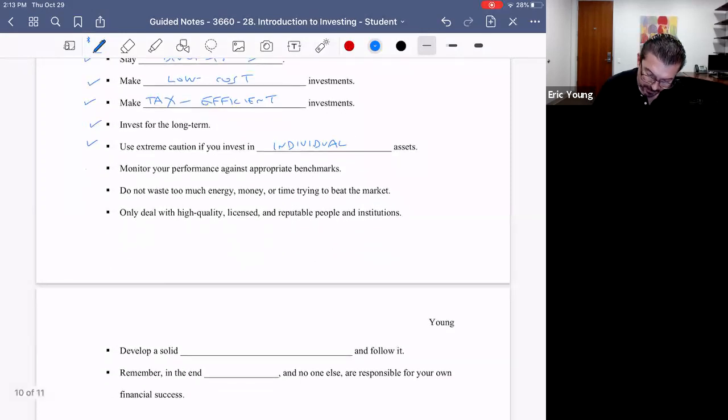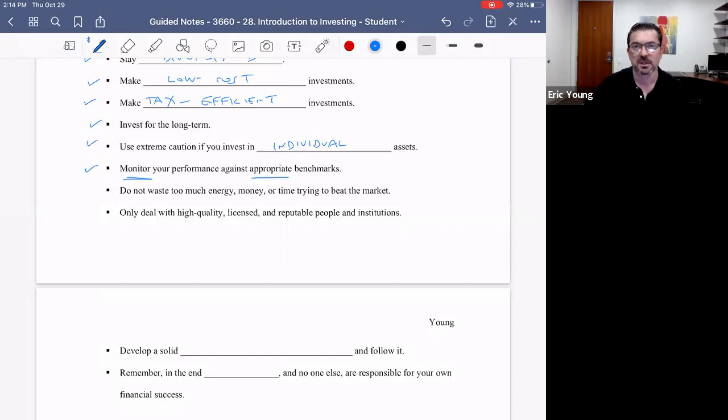Next big principle, monitor your performance against appropriate benchmarks. There's two operative words here. Number one, monitor. Always review your portfolio annually. When you get married, if you get married, review it with your spouse or maybe even with your kids, okay? Build this into your life. But on top of monitoring, monitor appropriately.